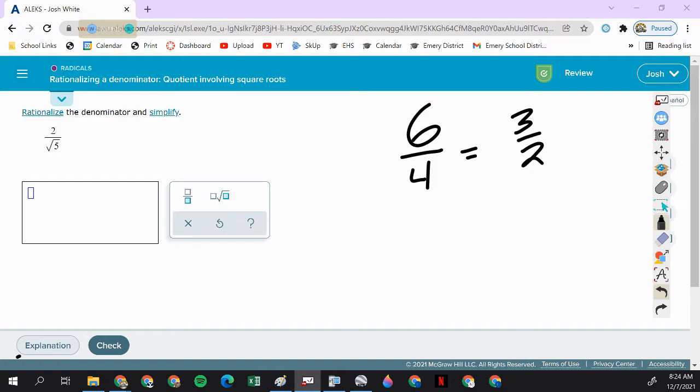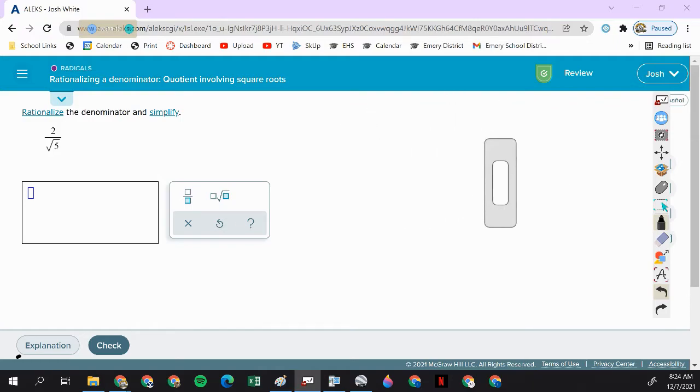Well, there are also rules for simplifying square roots, like pull out all of the factor pairs on the inside. But another rule is never leave a square root in the denominator. So we need to fix this so that there's no square root in the denominator.